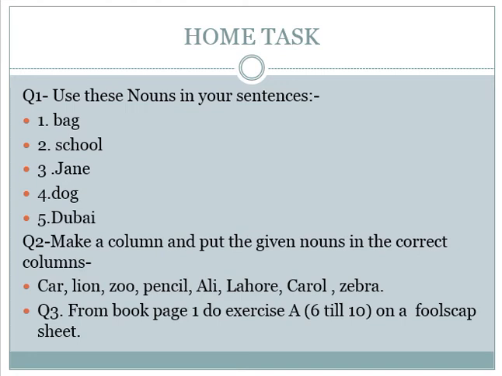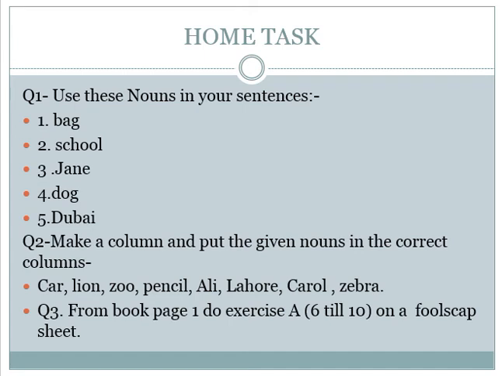Question number 2 is make a column and put the given nouns in the correct columns. And the words are car, lion, zoo, pencil, Ali, Lahore, Kerala, zebra. You'll have to make 4 columns. One is for person, one is for place, one is for animal, and one is for thing.